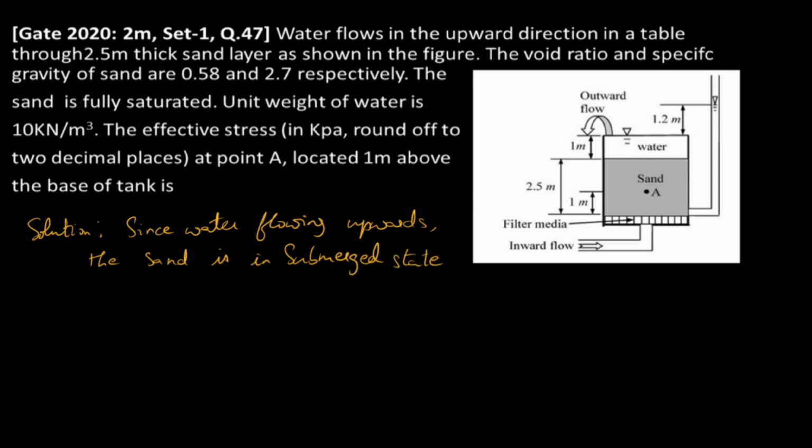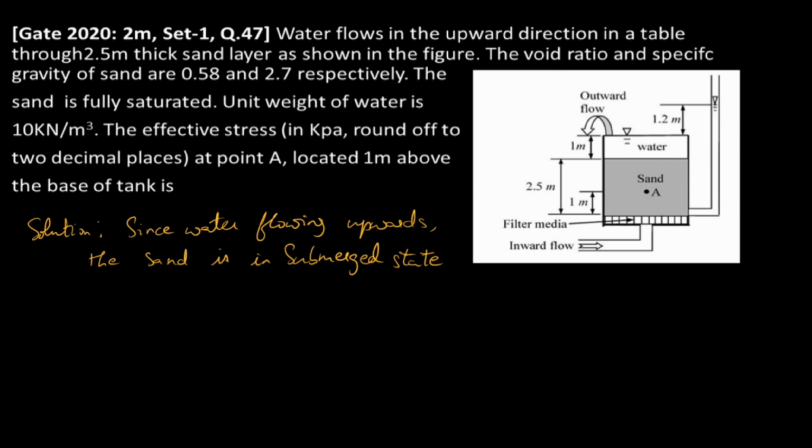If it is flowing downwards, you can say it is in a saturated state, where the continuous application of water leads the sand to lose its strength and it makes it to flow. So we can say that the sand is in submerged state.